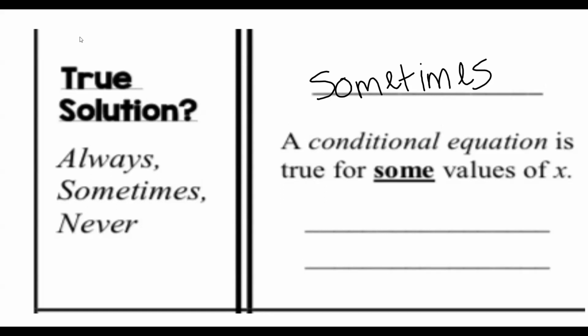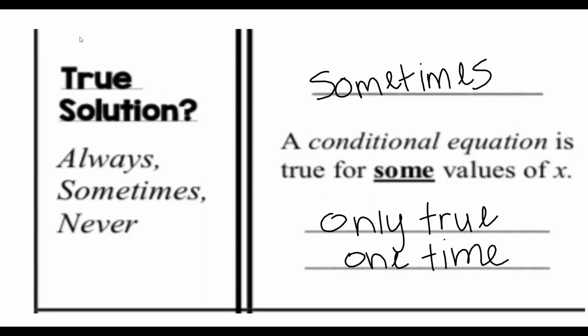A conditional equation is true for some values of x, so only true one time. So for one solution, that solution is true sometimes. A conditional equation is true for some values of x.